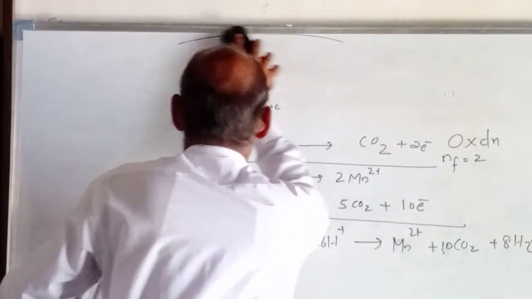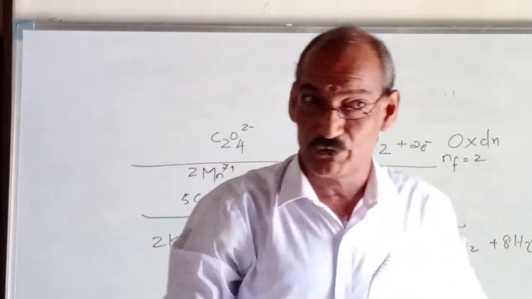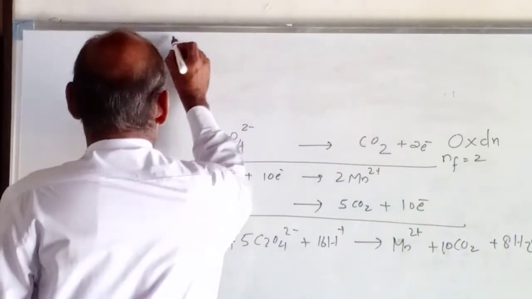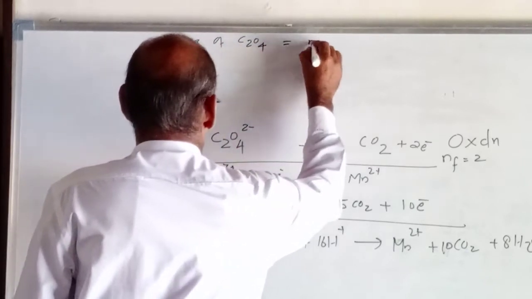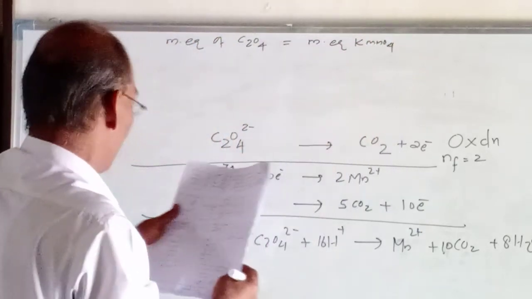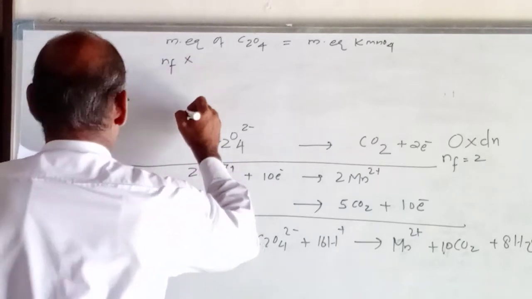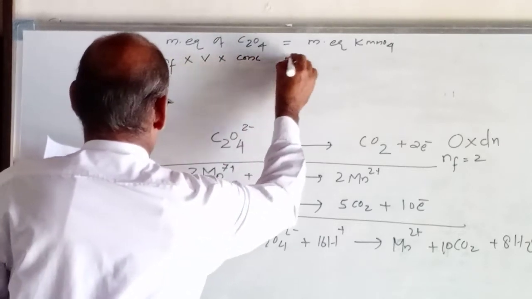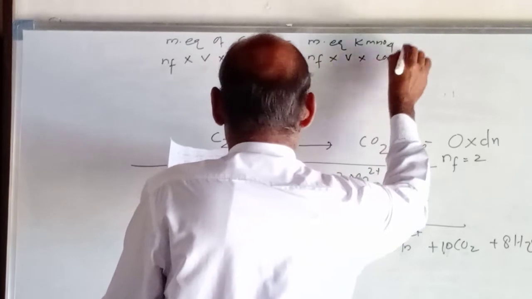Next let us go on to find the concentration of oxalic acid. If you know the concentration of oxalic acid, from that you can find the pH of the oxalic acid. So here milli equivalent of C2O4 is equal to milli equivalent of KMnO4. That is, NF factor into volume into concentration on both sides.